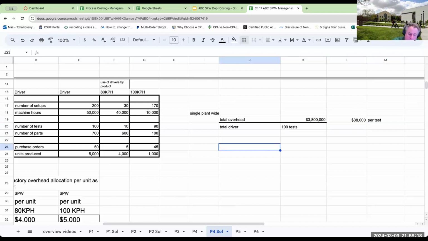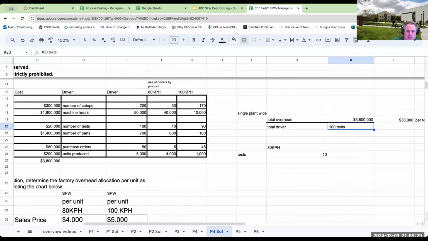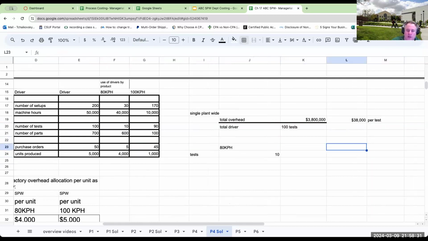If I had more than two, I would just add them up over here. I have the 80 kph, which had 10 tests, right? Over here, for my 100 kph, I had 90 tests. So the way I'm going to do this is the overhead per test. This is going to be 38,000, and this is also going to be 38,000.